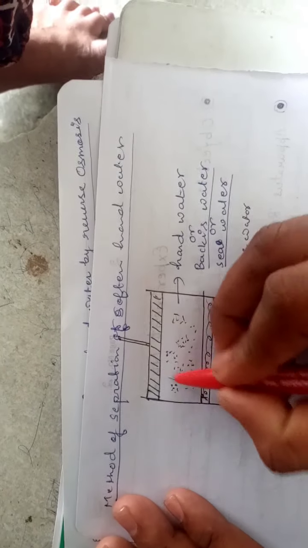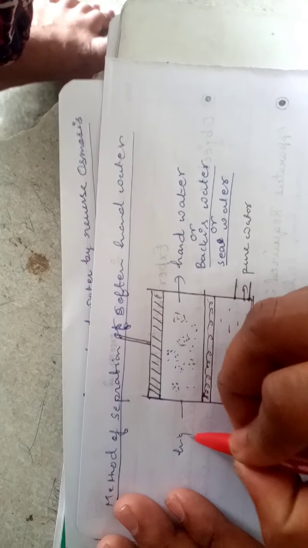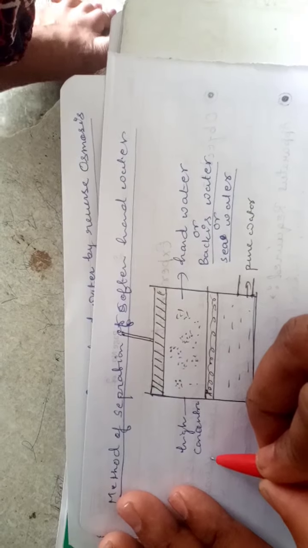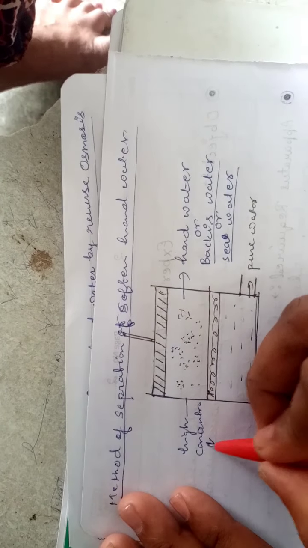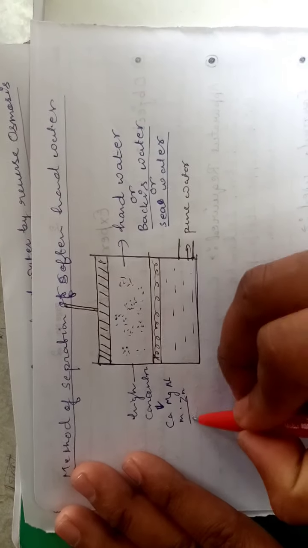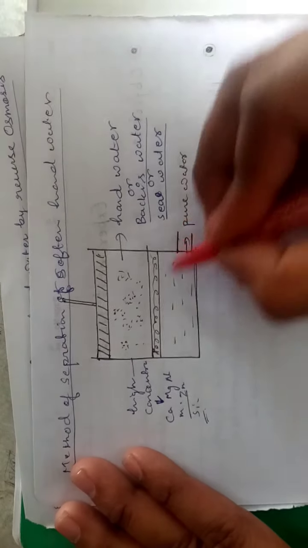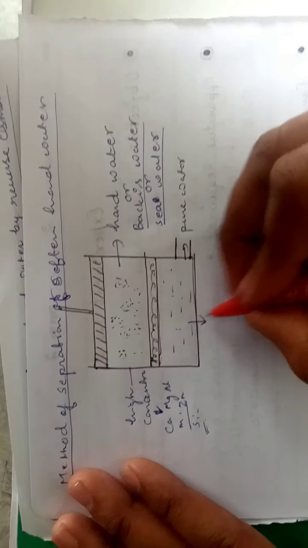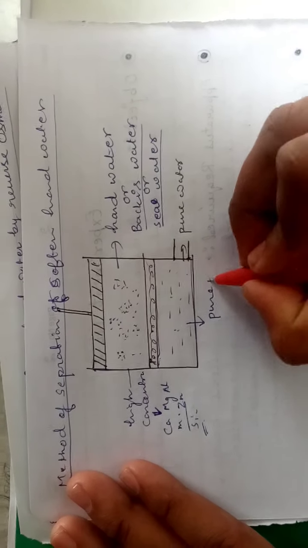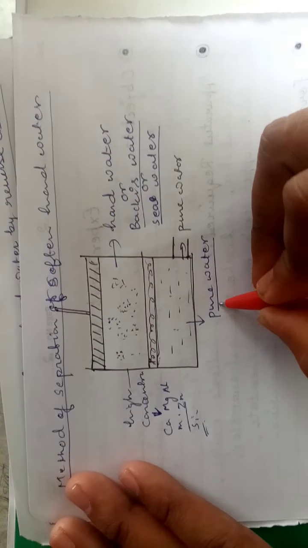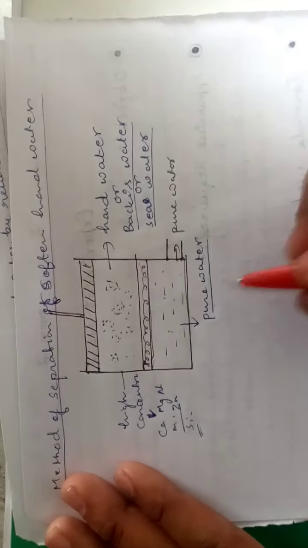In this tank it has a very high concentration. It contains different contaminants like calcium, magnesium, aluminium, manganese, zinc, silica, etc. And in the second part we consider pure water, having no concentration of other contaminants. You can also consider it distilled water.